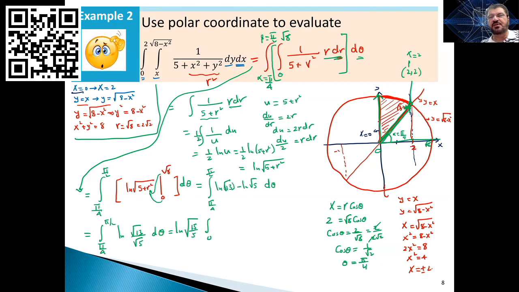Then the integration from pi over 4 to pi over 2 of d theta. What's the integration of d theta? It's theta. So this is ln of the square root of 13 over 5, then theta from pi over 4 to pi over 2.